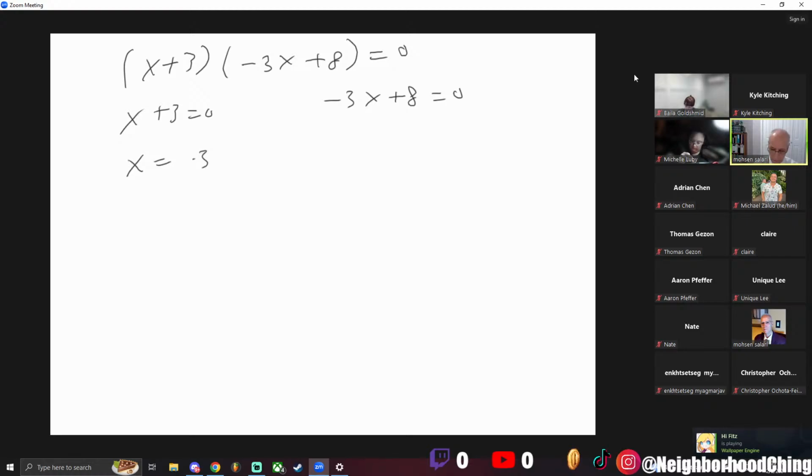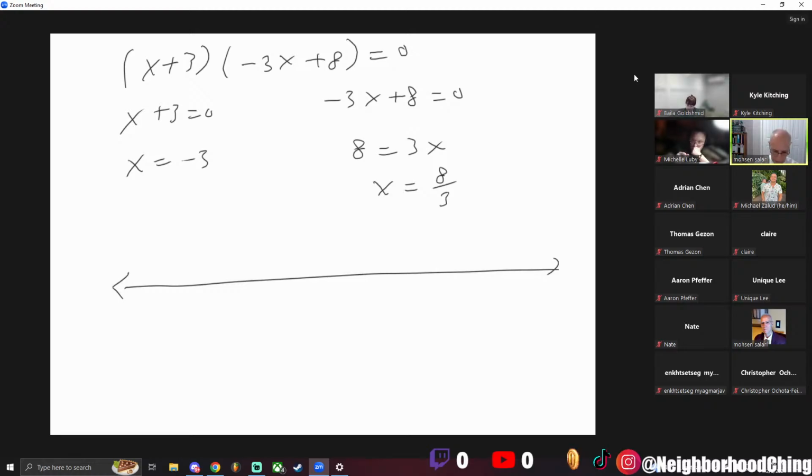This gives me 8 equals 3x, so x equals 8 thirds. So on the number line, I put 8 thirds here and negative 3 here, and I'm going to test numbers in between these.